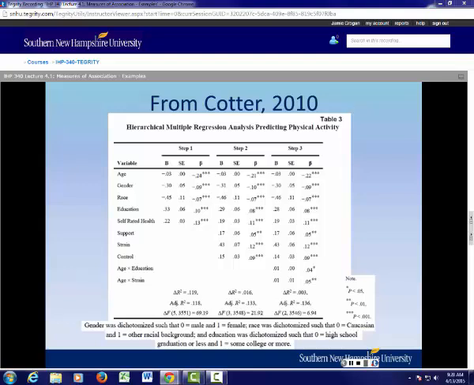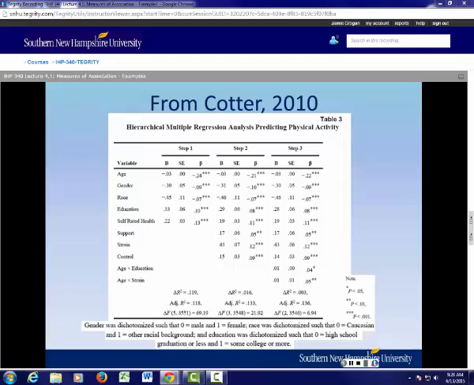Then they adjust the r squared based on if the sample size was small. Sometimes you see an adjustment to r squared, and that's done to make the r squared a better predictor of the population. You'll see that a lot. That's why the 11.9, when you adjust it, is 11.8. It's just an adjustment for sample size. So step 1 variables accounted for 11.9% of the variability in physical activity level.